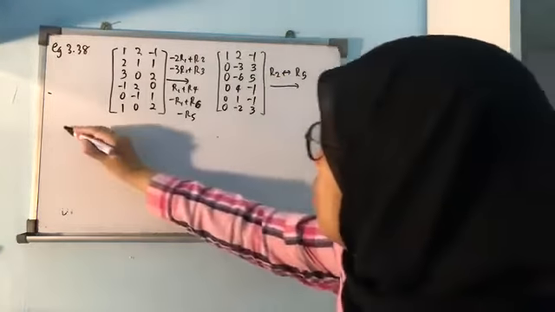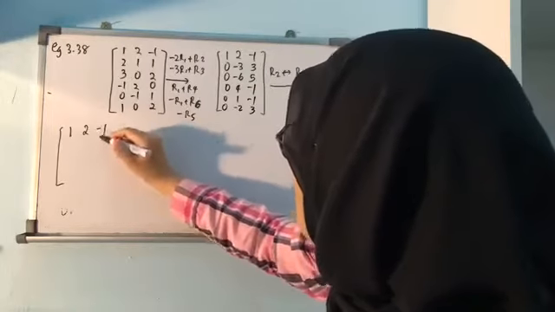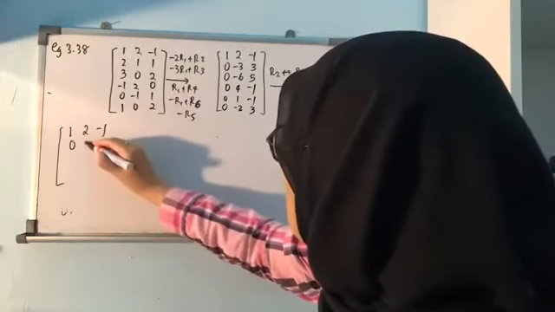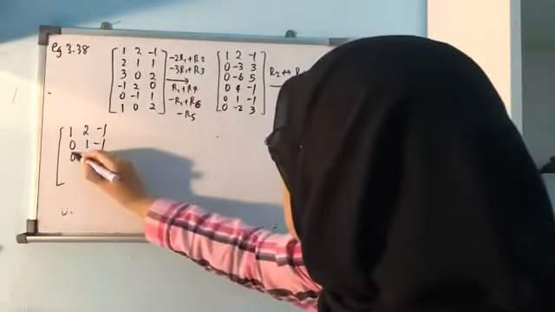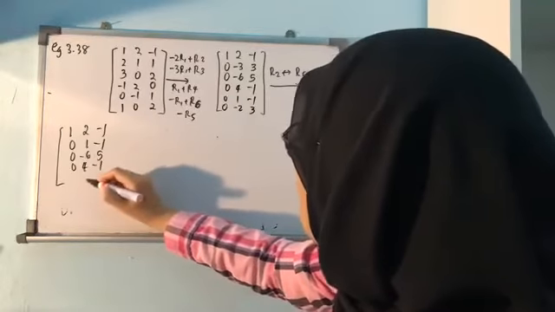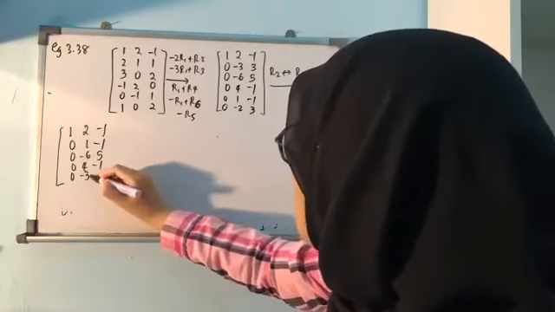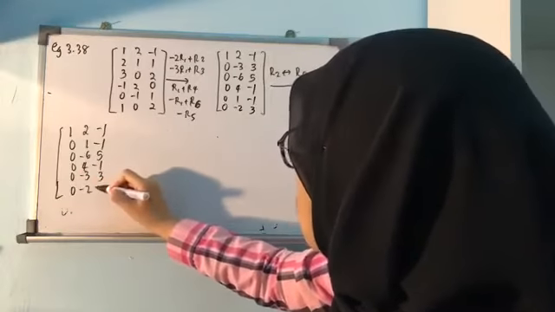Okay, this one I don't have to calculate anything. 1, 2, negative 1, 0, 1, negative 1, 0, negative 6, 5, 0, 4, negative 1, 0, negative 3, 3, 0, negative 2, 3.